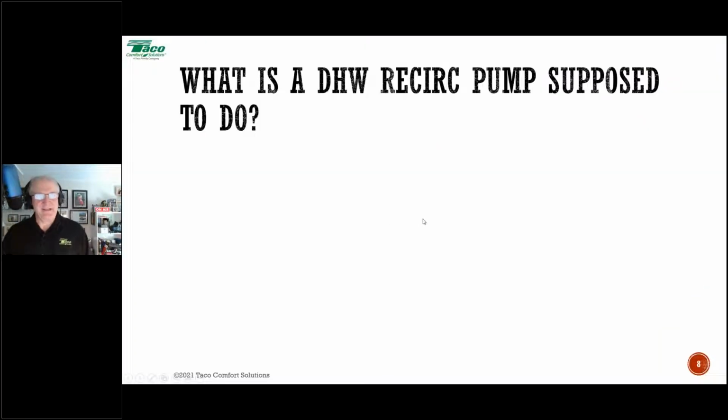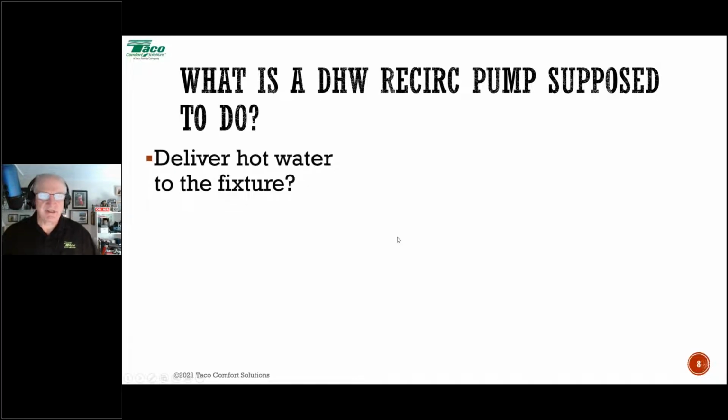Excellent. So just to kind of recap, what is a domestic hot water recirculation pump supposed to do? The reason I had this poll is I probably had, I'm going to say, a half an hour discussion, disagreement, almost argument with an engineer on this very topic. He wanted to size the circulator to ensure a proper flow rate.